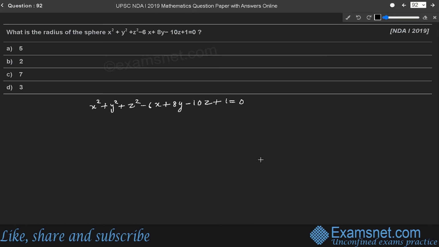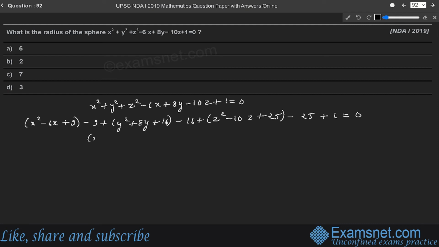So further, this equation can be written as x square minus 6x plus 9 minus 9 plus y square plus 8y plus 16 minus 16 plus z square minus 10z plus 25 minus 25 plus 1 is equal to 0, which will be equals to (x - 3) whole square plus (y + 4) whole square plus (z - 5) whole square is equal to 49.